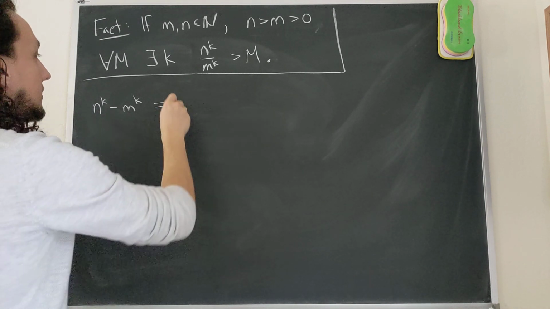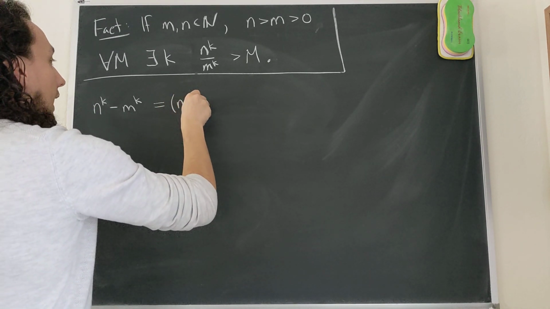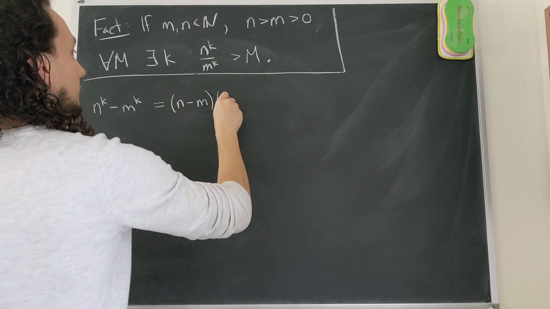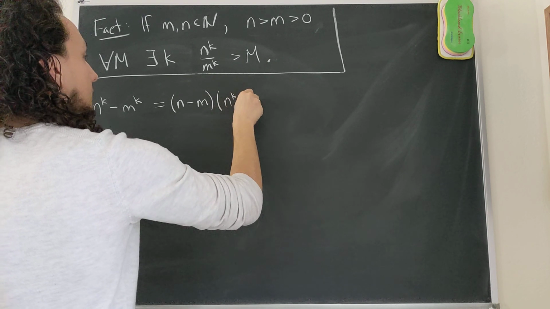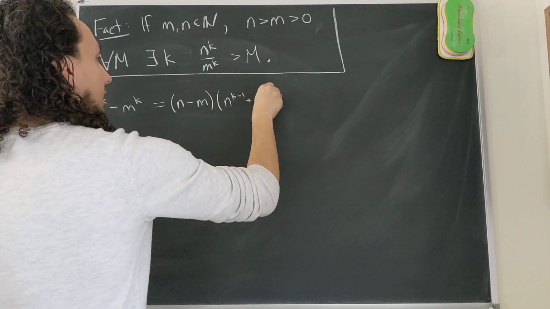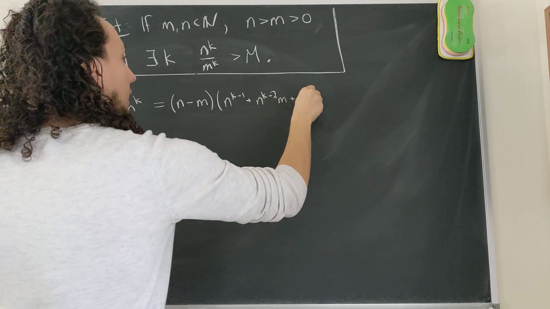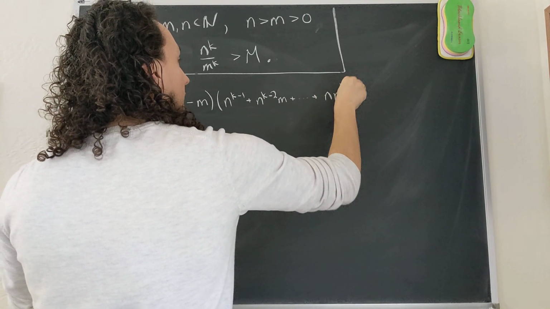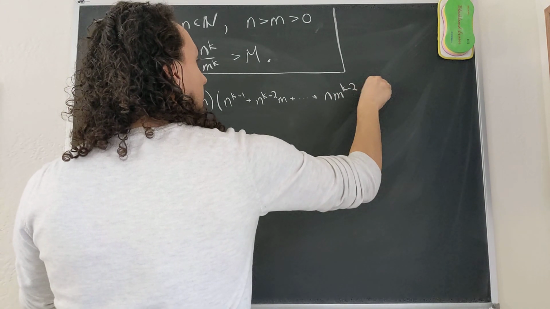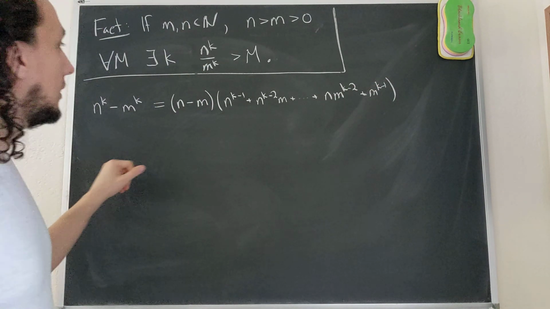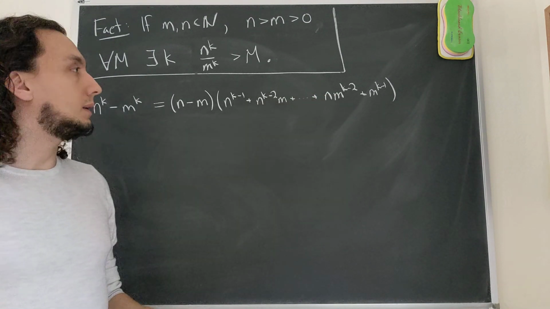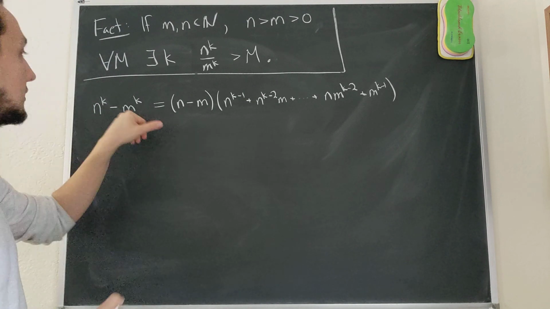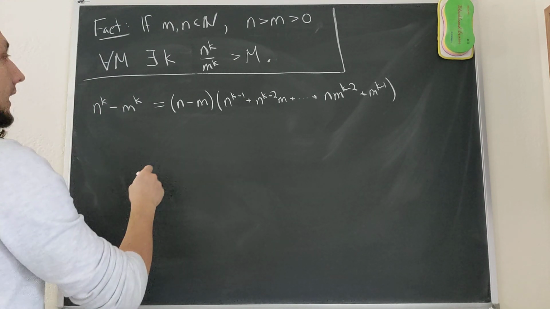And we saw in the previous video that this is equal to n minus m times a long expression, which is n to the k minus 1 plus n to the k minus 2 times m. And you continue this pattern all the way to n times m to the k minus 2 plus m to the k minus 1. Okay, so check out the previous video, which I've linked to, to see why this formula is true. It's a generalization of the difference of squares formula.